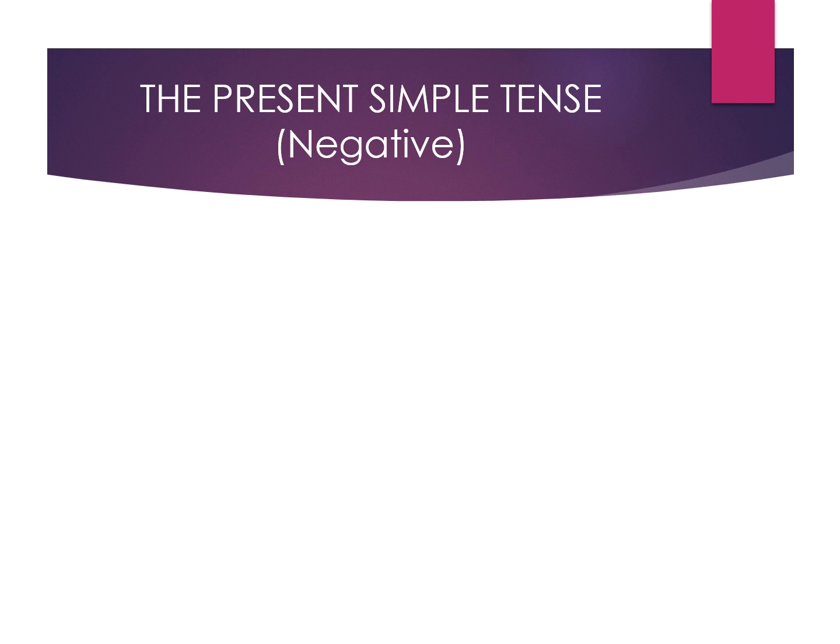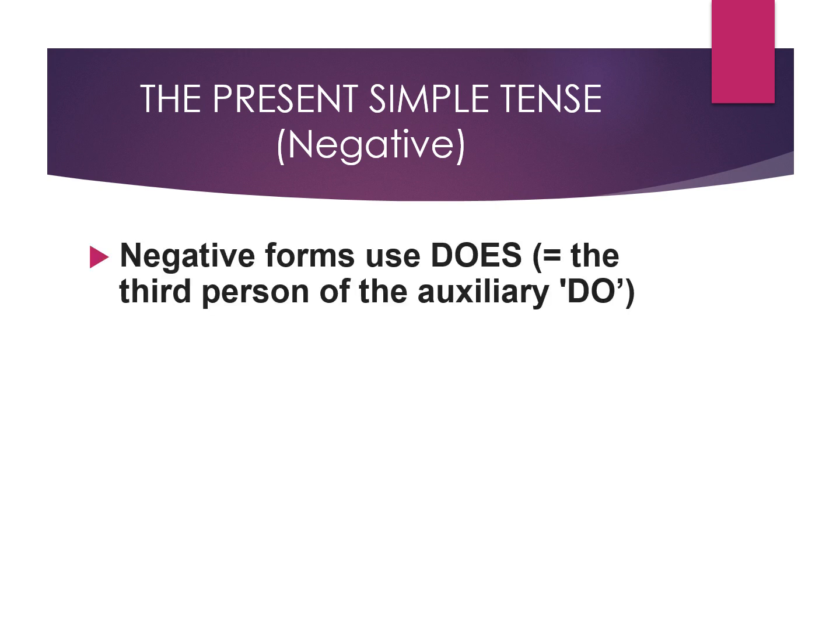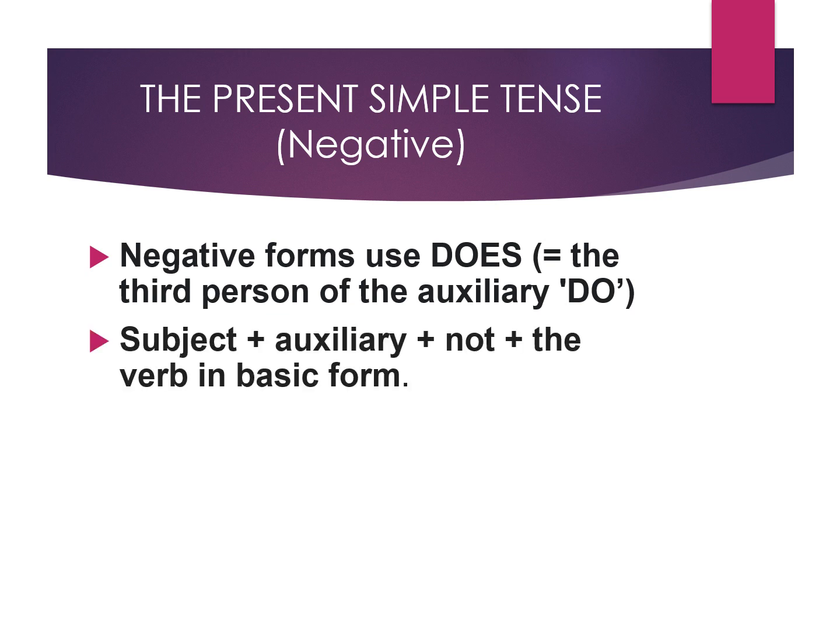Now we're going to take a look into negative statements. We also use the auxiliary word does for third person and do for the rest of the pronouns. So in order to write down negative statements, we will start with the subject, then the auxiliary verb, then the word not, and finally the basic form of the verb.